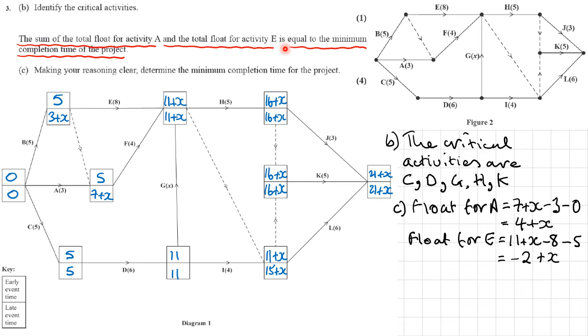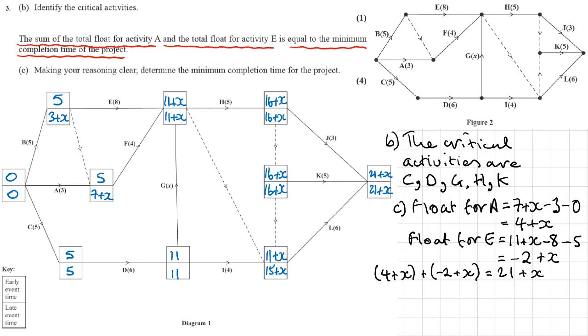And we're told that this is equal to the minimum completion time of the project, and the minimum completion time is 21 plus x. So we want the sum of these two floats. That's the float for A, which is 4 plus x, plus the float for E, which is negative 2 plus x, and that is equal to the minimum completion time, which is 21 plus x.